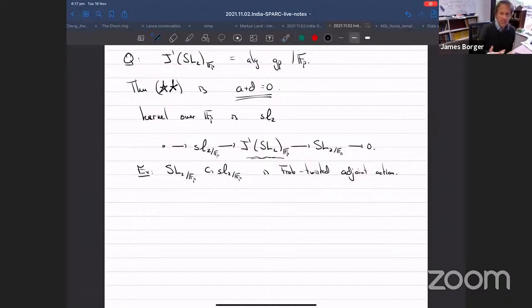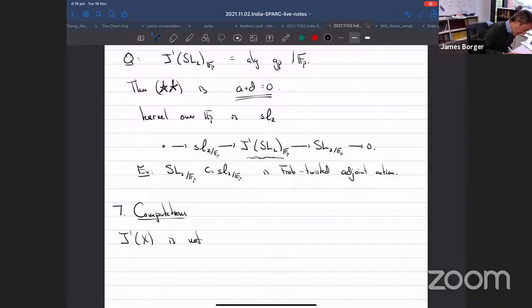So that was just an example. Let me step back a minute and say a word about computations. Just what I did, we can write down J1 X, say X is a scheme, or it could be an algebraic group, whatever you like, is not so hard to write down explicitly, because W1 of R is not so hard.